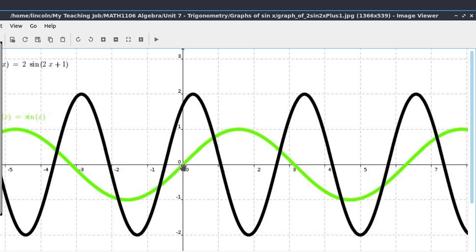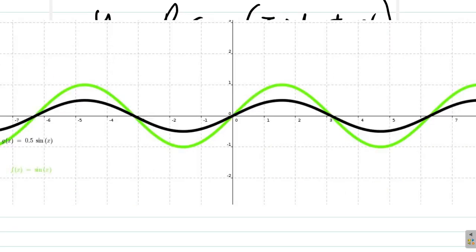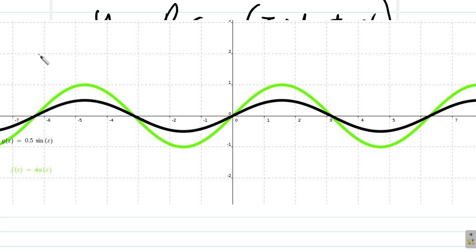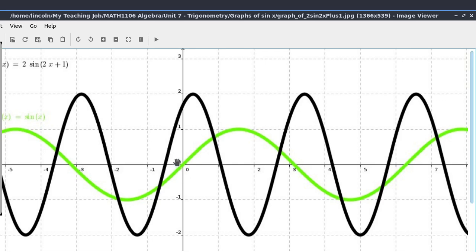So you notice the black graph, the original graph, was 1 high. The modified graph was 2 high because of the amplitude.